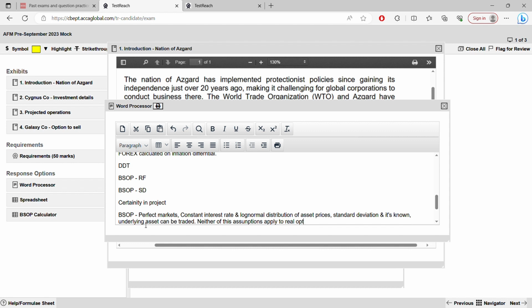Therefore, the board of directors needs to treat the value obtained as indicative rather than definitive. Okay? That you can write.